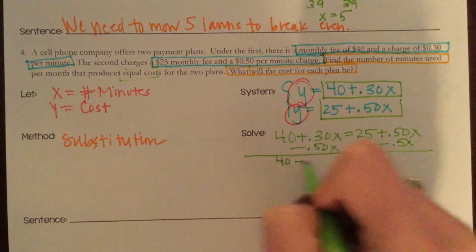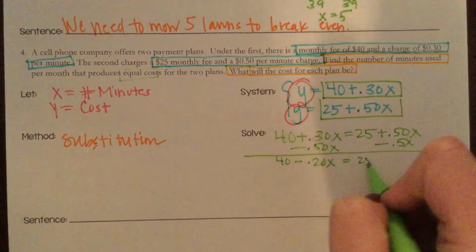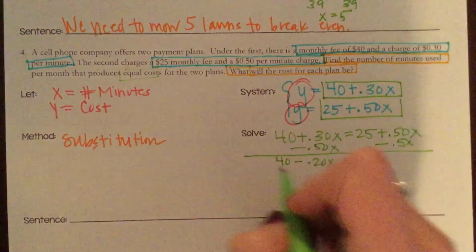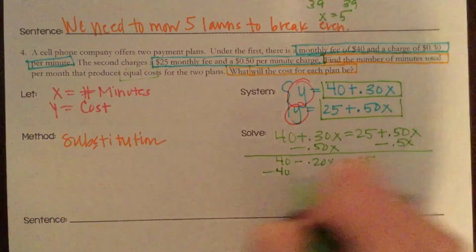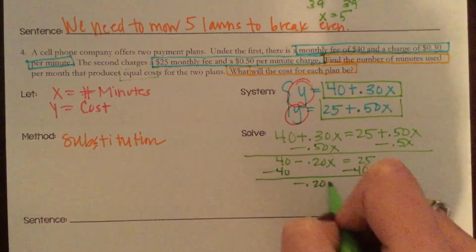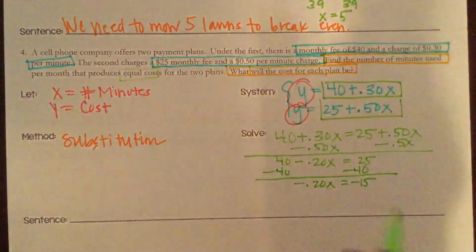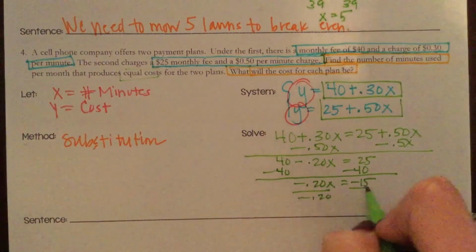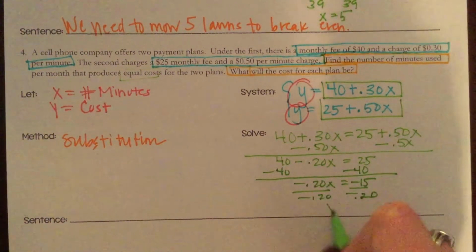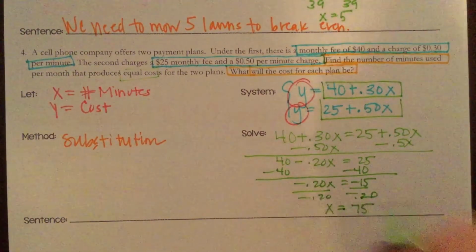We get 40 minus 0.20x is equal to 25. Combining our constants, we'll subtract 40 on both sides. So negative 0.20x is equal to negative 15. And then dividing both sides by negative 0.20, we end up with x being 75.